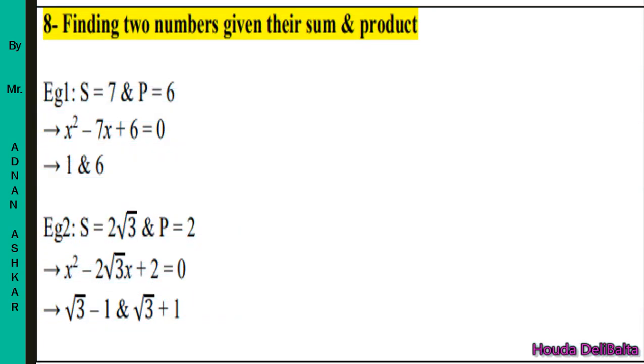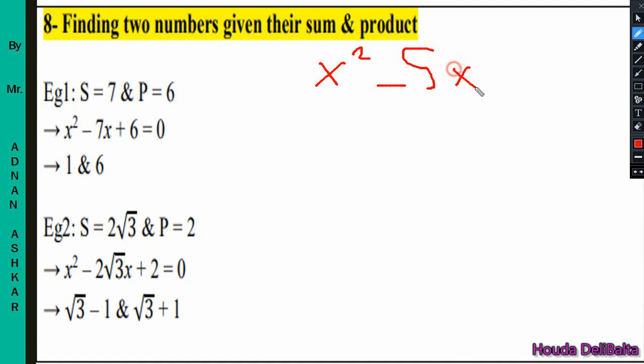In this part, we are going to learn how to find the roots or the numbers given their sum and product. So don't forget, first of all, we have to remember that x squared minus sx plus p equals 0.